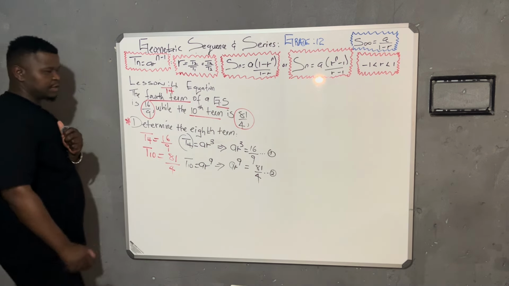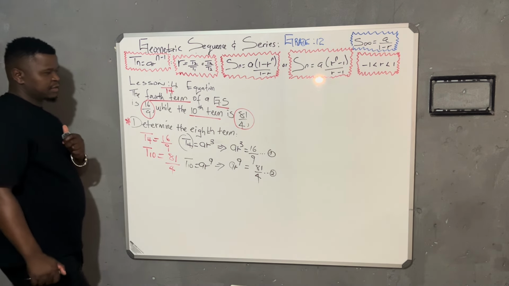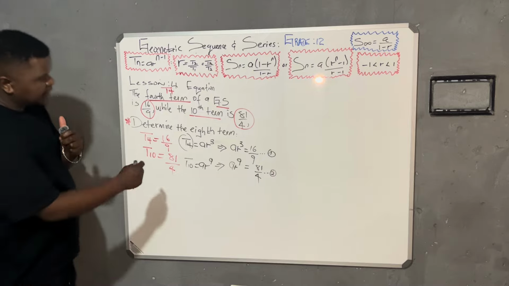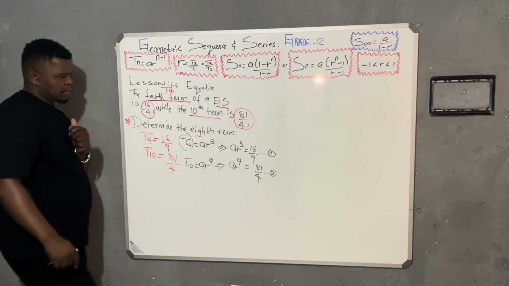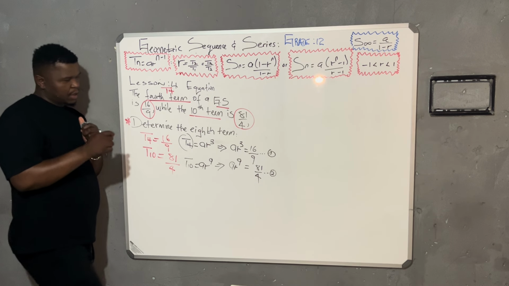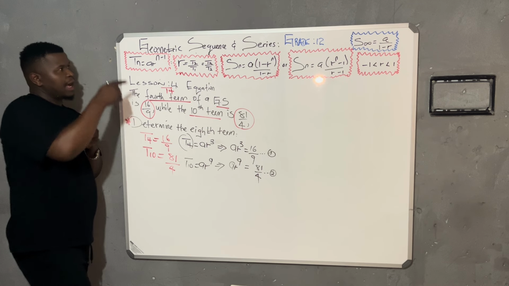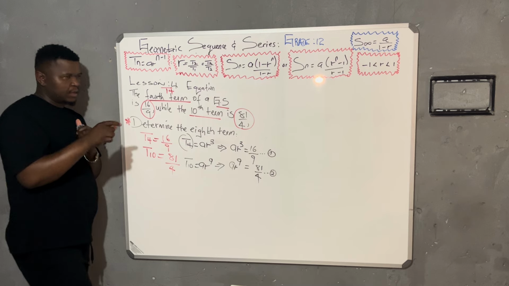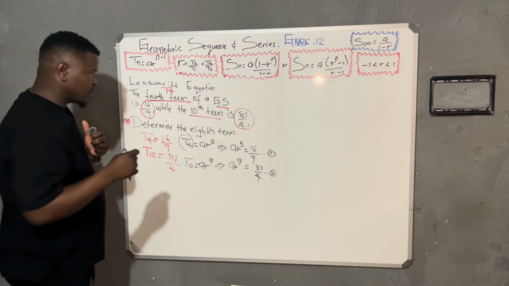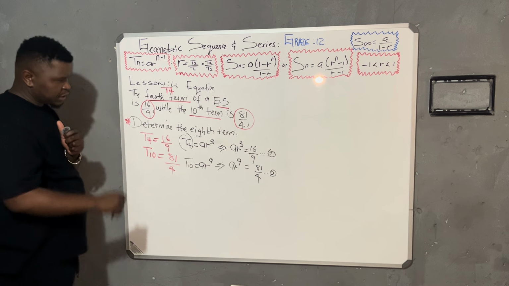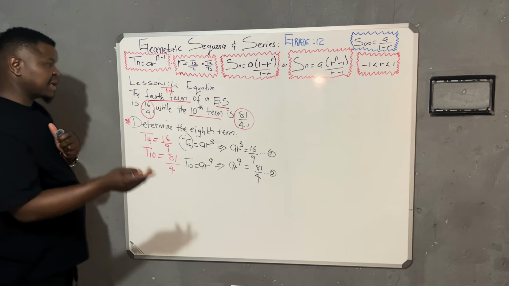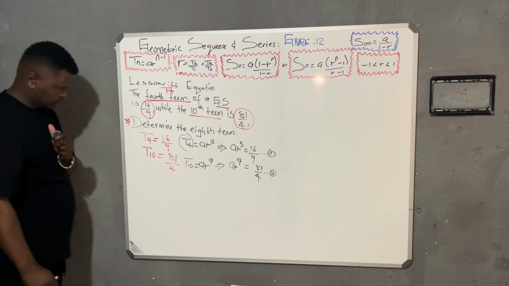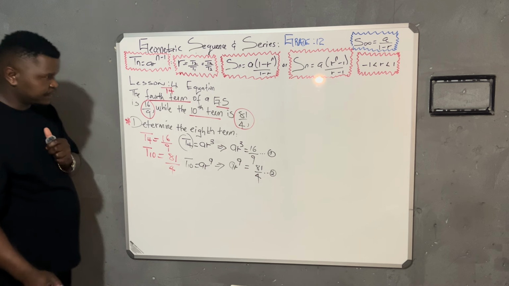Just like in algebra where we deal with simultaneous equations, even here we are doing simultaneous equations. But you should remember how we solved this under arithmetic. We use the elimination method. However, you are welcome to also apply the substitution method. Does the same case apply with geometric? Let's work on that.